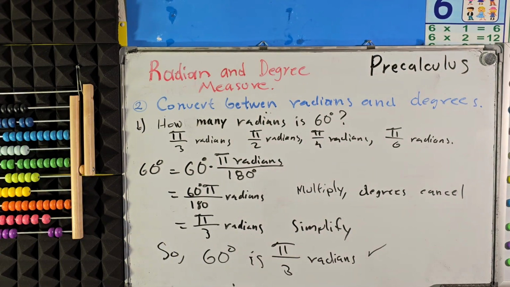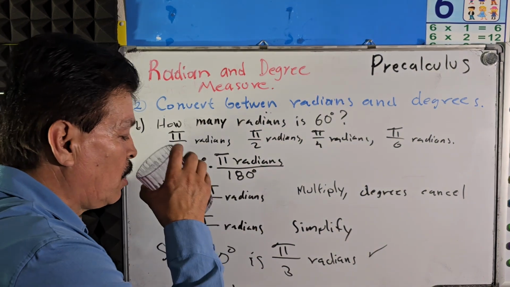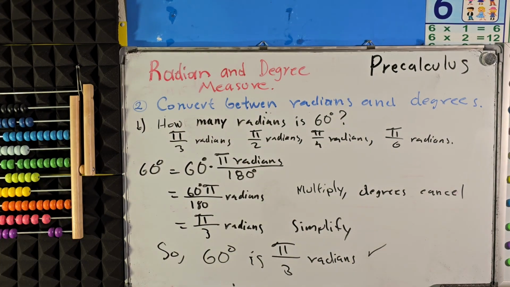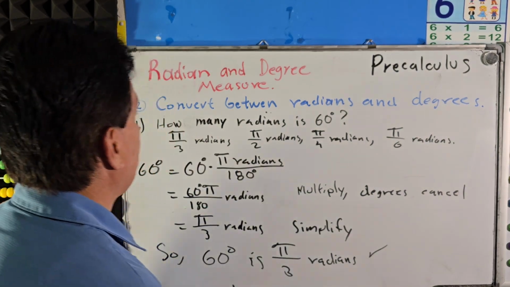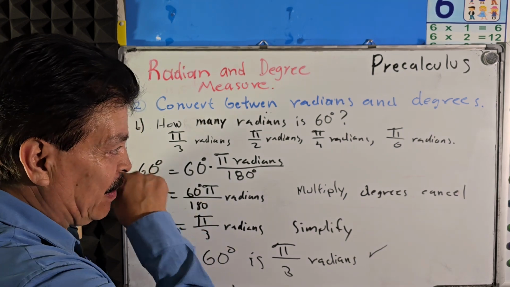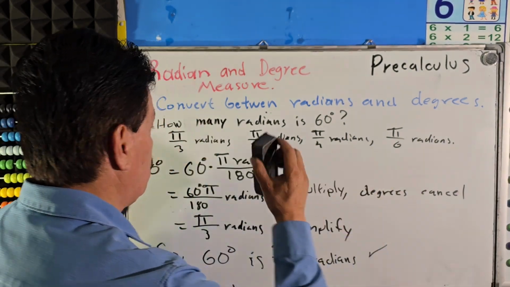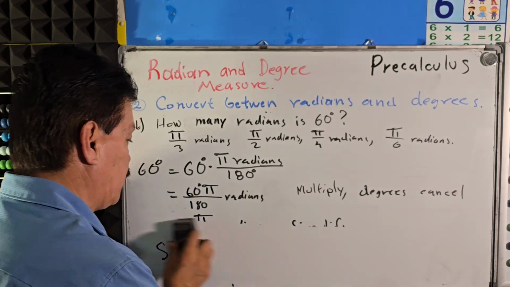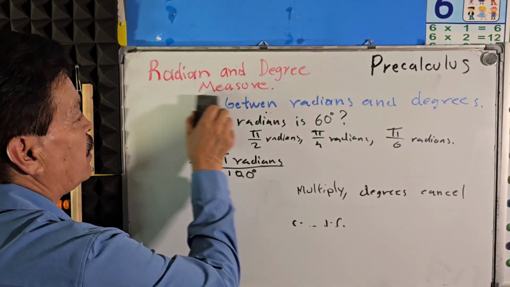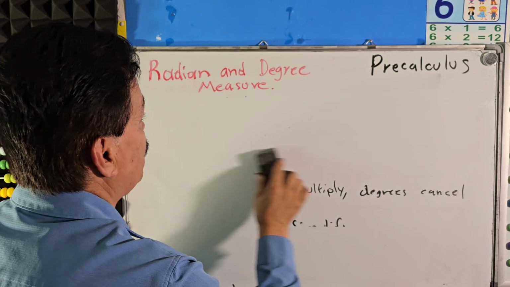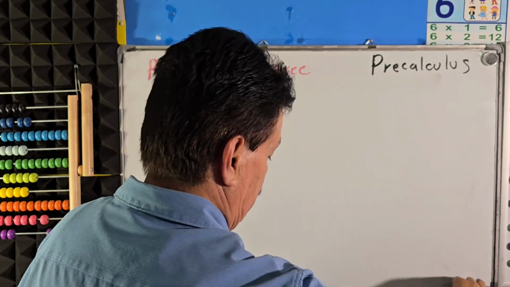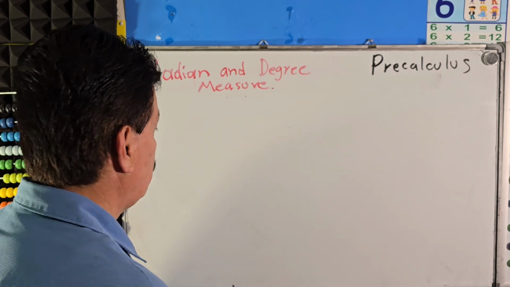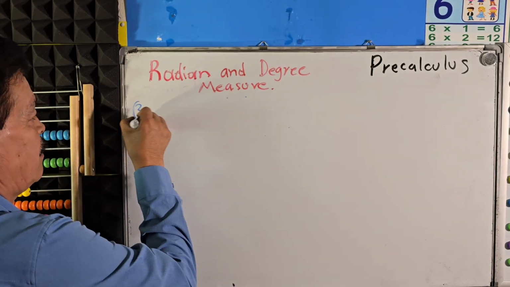Those problems are simple, but sometimes we need to know this kind of topic. As you continue working in math, sometimes you need to have skills in all kinds of topics. Let me go to the third section. This topic, radian and degree measuring, is another thing we need to have skills in.